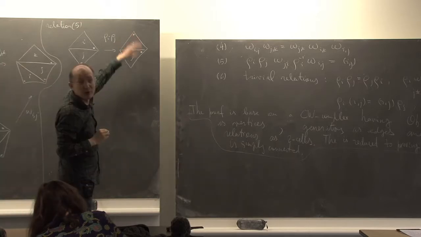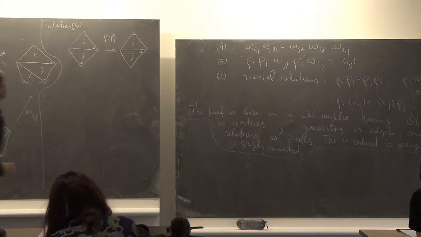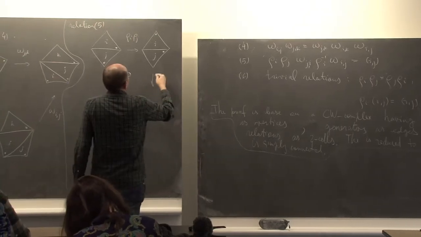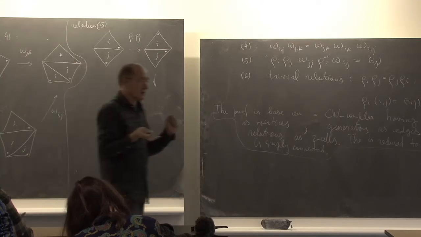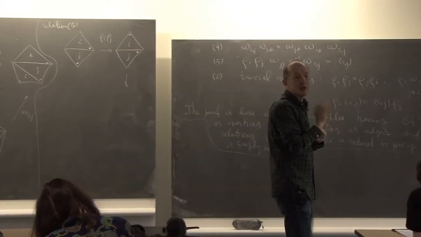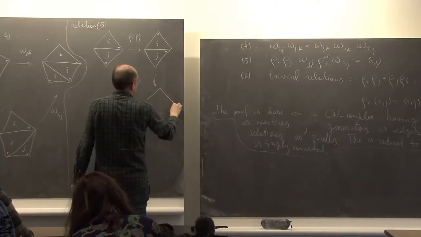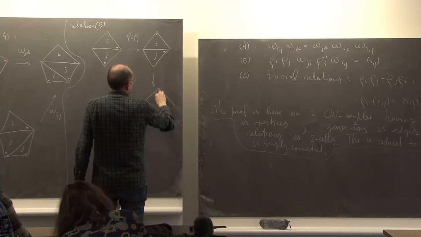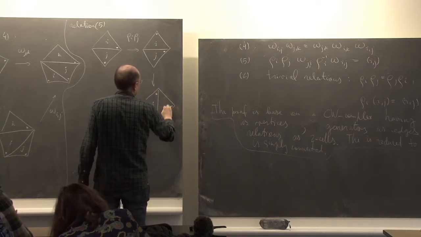So we have to turn our head if we want to compare with the definition. But anyway, the process is the same, rotation of the diagonal anticlockwise. So we get to here.